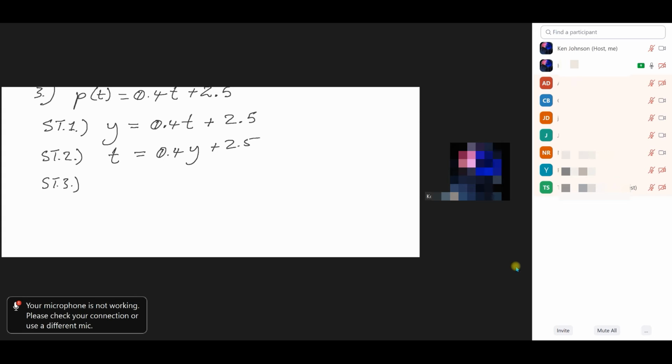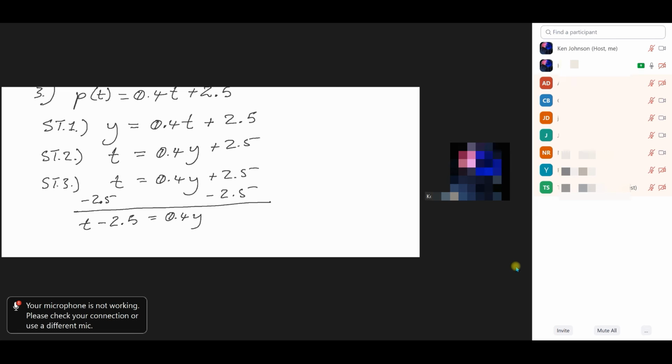Now we're going to solve for y in step 3. All right, so I'm going to rewrite so I can have good reference. And then I'm going to solve for y. So I'm going to subtract 2.5 from both sides. And then we have t minus 2.5 is equal to 0.4y.